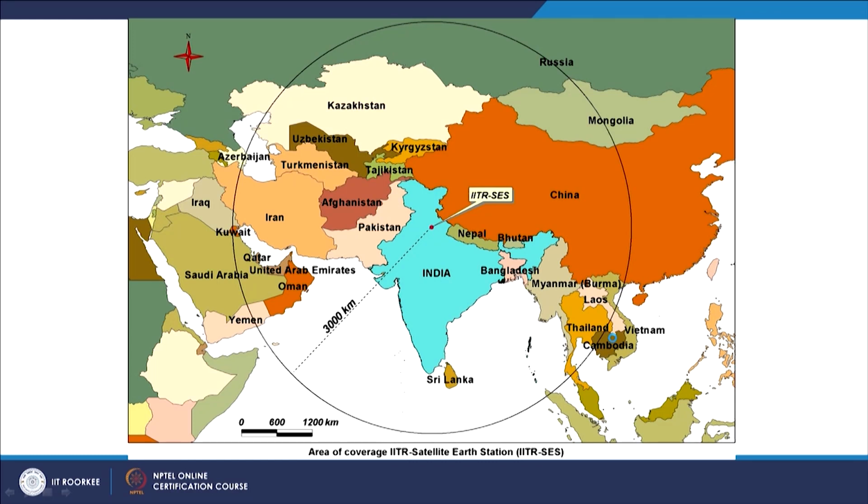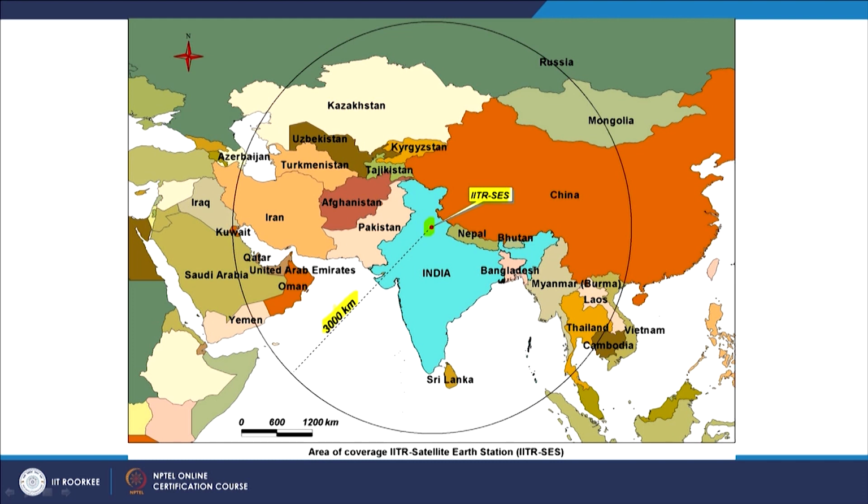But the purpose of showing this map is that it shows the location. This red dot is showing the IIT Roorkee satellite earth station, and there is a circle of 3000 kilometer radius.